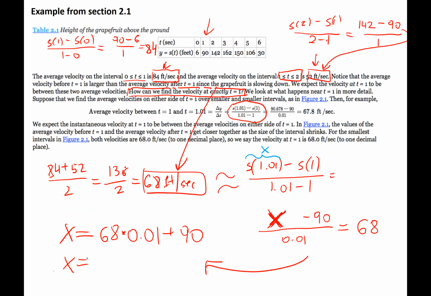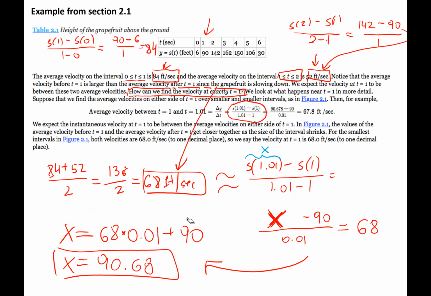I have to move the decimal point. It will be 0.68, adding to 90. That's where the value comes from. The value of the function, S at 1.01, is 90.68. They have 90.678. I think it's close enough.